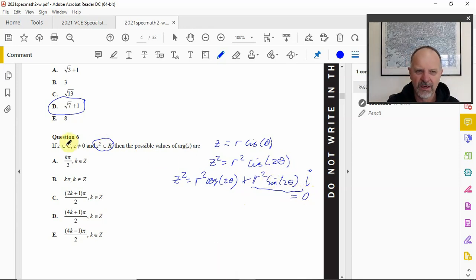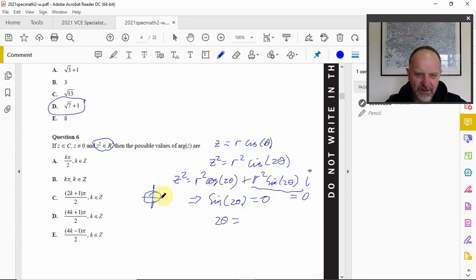Now we're told that z is not equal to 0, so r can't be equal to 0. So what that means is that sine 2 theta has got to equal 0. So when is sine 0? Back to our unit circle, and it's the little arg, so we can go both ways as far as we like.